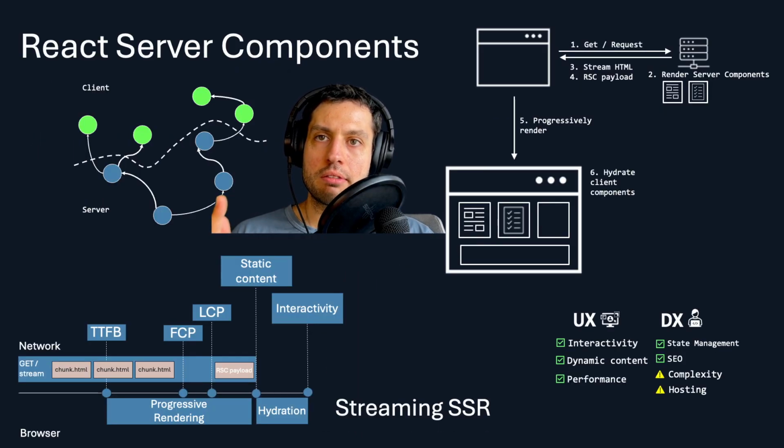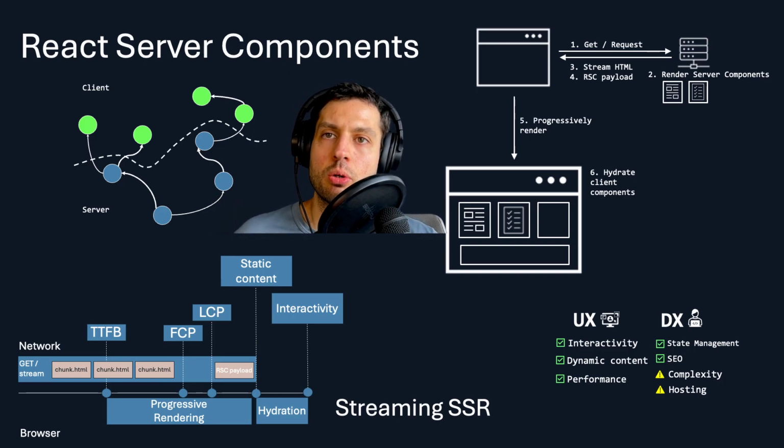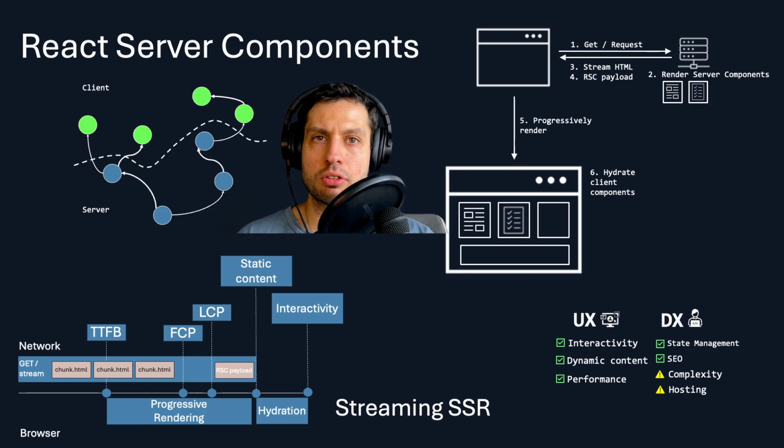Moving on, in our goal to reduce even further the amount of JavaScript downloaded, we go to the React server components. Here, the idea is that you have components that are rendered only on the server, and then you have client components that can either be server rendered or on the client. And you get the benefit that you don't need to send the whole JavaScript for every component, but just for the ones that need to be interactive.